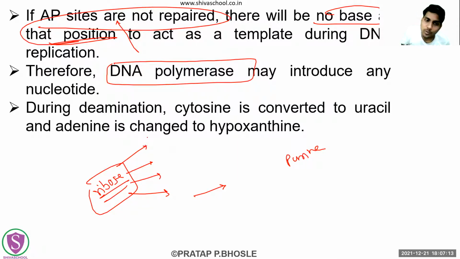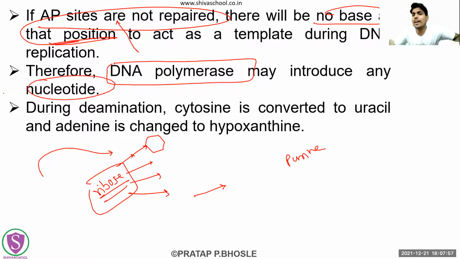But when you remove a purine from a particular ribose sugar backbone, and the DNA polymerase is about to correct this, how is it going to know whether previously adenine or guanine was there, or cytosine or thymine was there, which was removed from that ribose sugar? How is the DNA polymerase going to understand that? No, it will not.